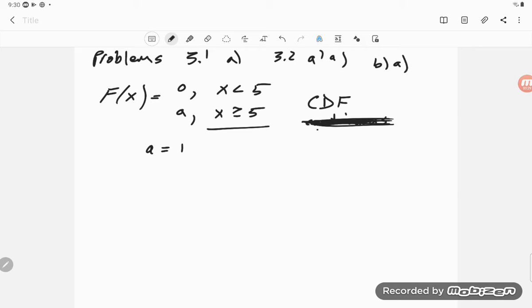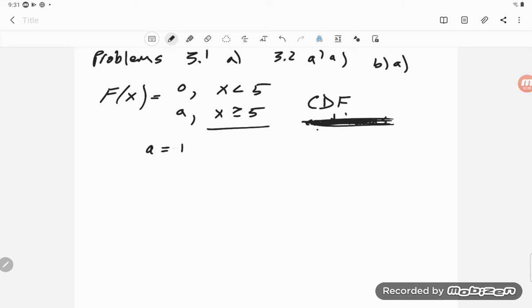Okay, because this is a cumulative distribution function, and it has to be between 0 and 1, and always increasing. Well, but it's a constant once we hit x greater than or equal to 5, so it can't increase, and so it has to be 1.